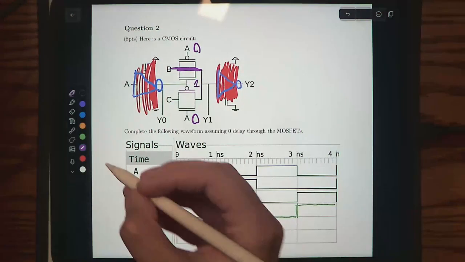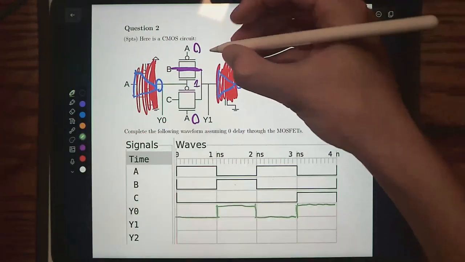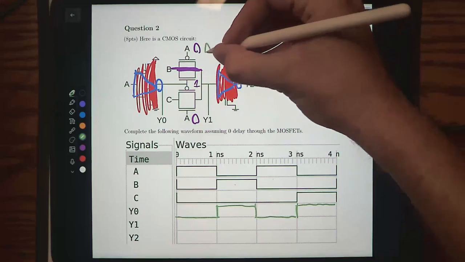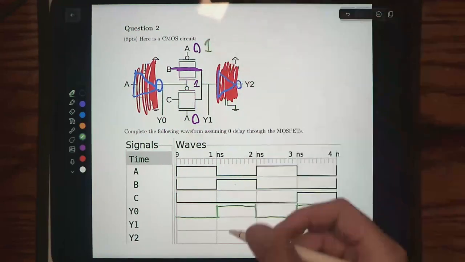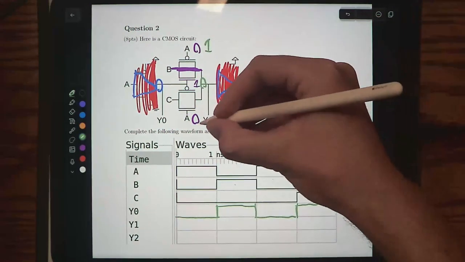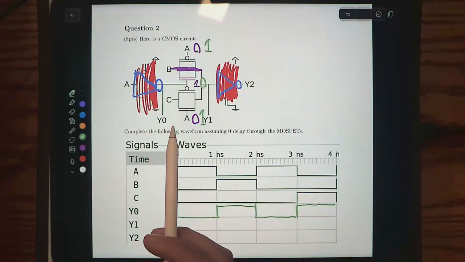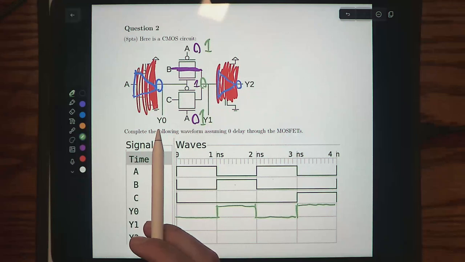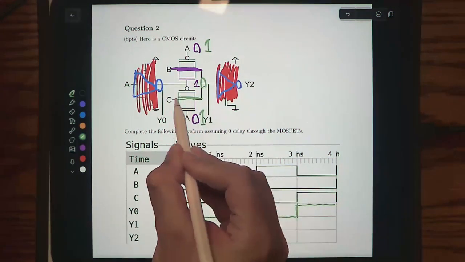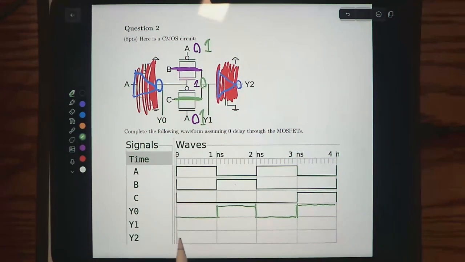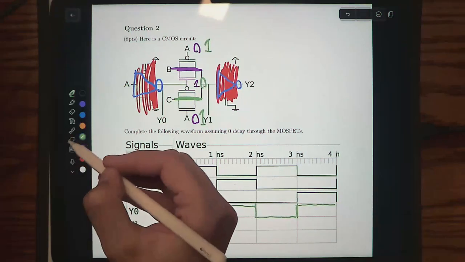However, now if A is equal to 1, so not A is 0, A is 1, then in that case, will the top or the bottom transmission gate be activated? Bottom, okay. So therefore, we can look at Y1, and I'm going to change the color of this.